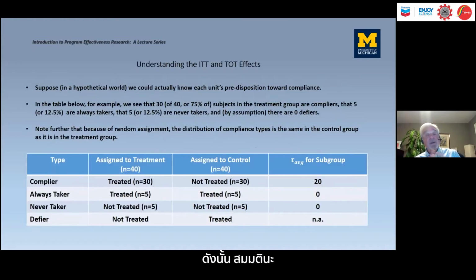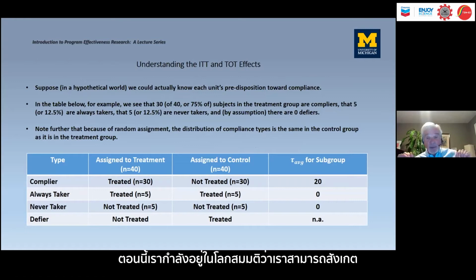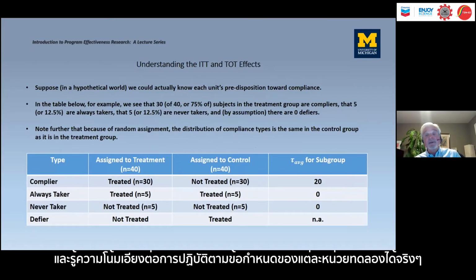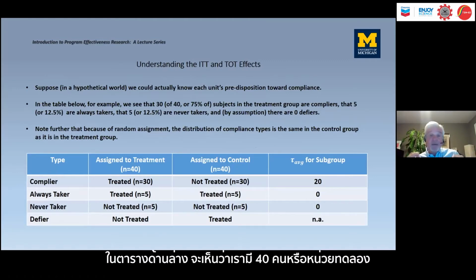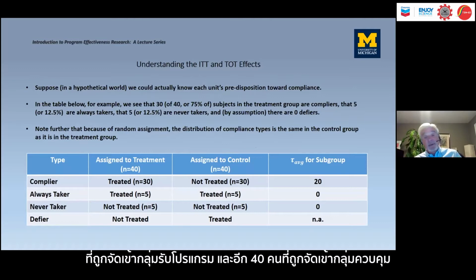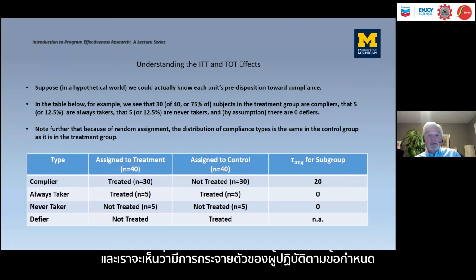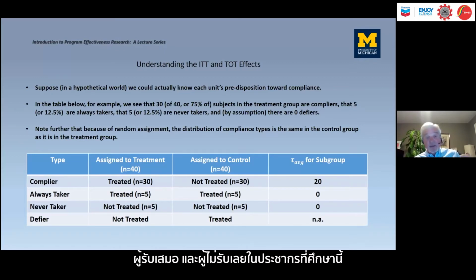So suppose, and we're operating now in a hypothetical world, that we could actually observe and know each unit's predisposition towards compliance. So in the table below, we have 40 individuals or units assigned to treatment and 40 assigned to control. And there's a distribution of compliers, always takers, and never takers in this study population.